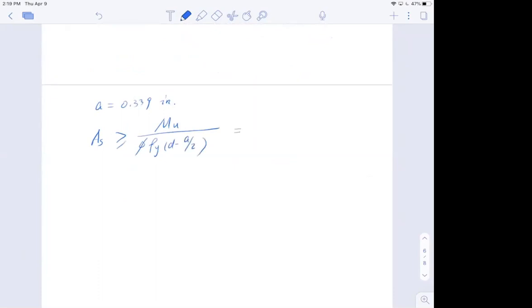So I bring the number in: 3.94 kip-feet per foot, multiplied by 12 inches per foot, and divided by 0.9 strength reduction factor, 40 ksi yield strength, grade 40 steel, and the depth of the slab, 4 inches, minus a. What is a? a is 0.339 divided by 2.